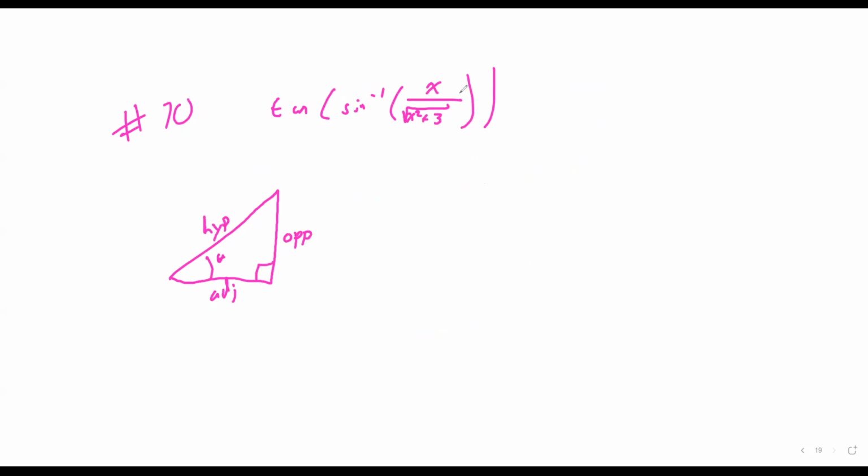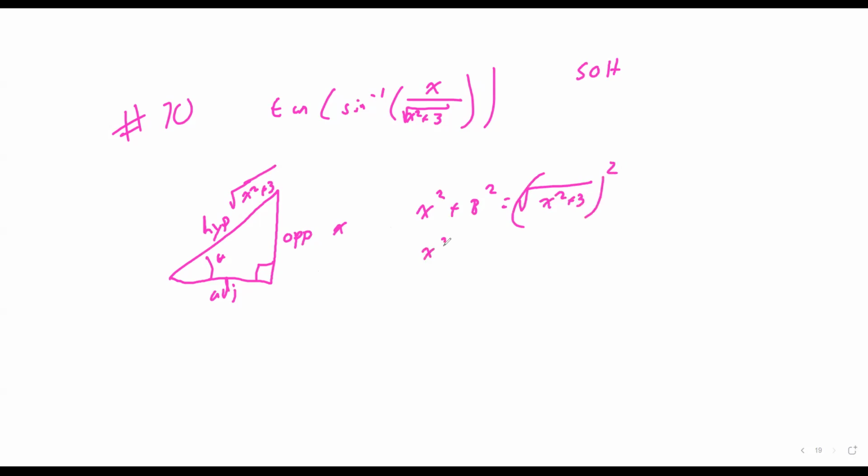All right, so sine is opposite over hypotenuse, so my opposite is x. My hypotenuse is the square root of x squared plus 3. And then I've got to calculate the adjacent. So here we go. x squared plus b squared equals the square root of x squared plus 3, squared.